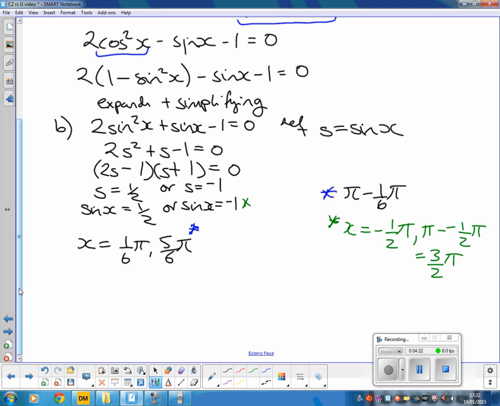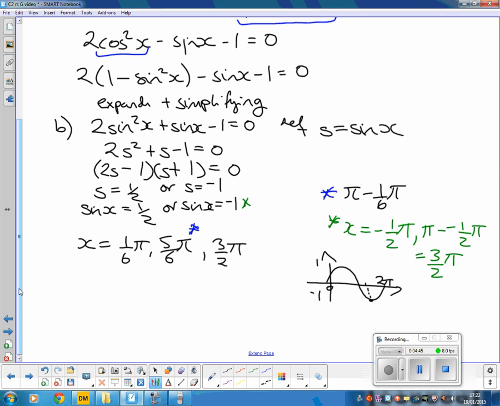However, this is one of those values you should know, because you should know that the sine graph looks like this, with 0, 2 pi, 1, negative 1. And so you should know that this value here is 3 over 2 pi, or 270 degrees. So you should be able to write that one down directly.